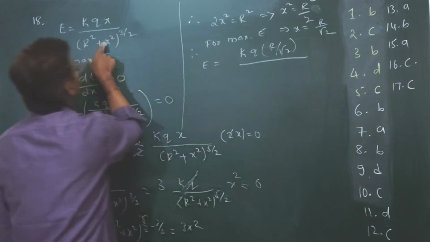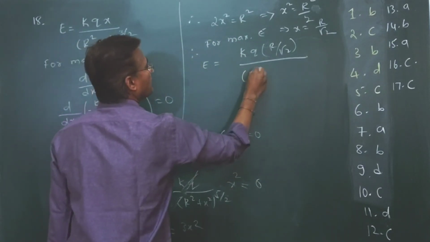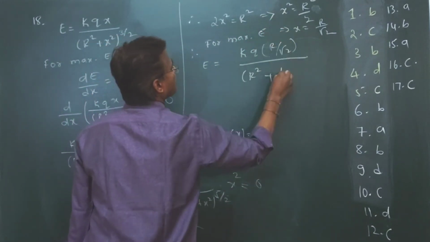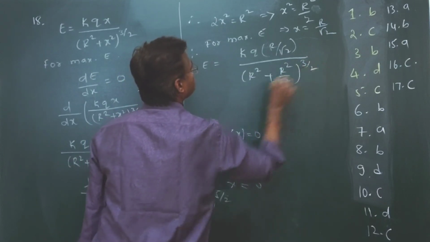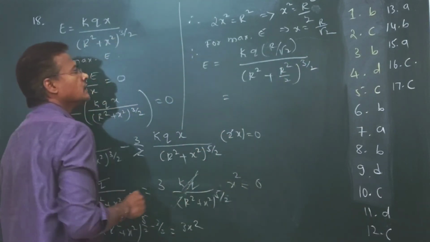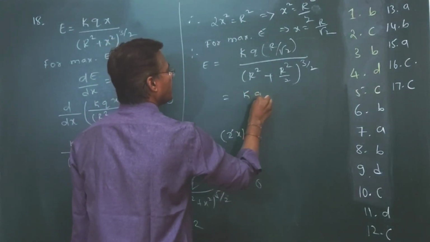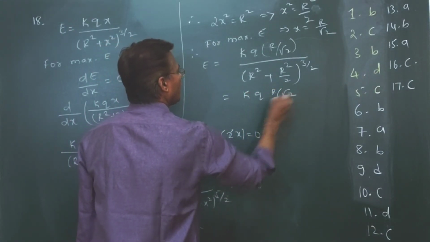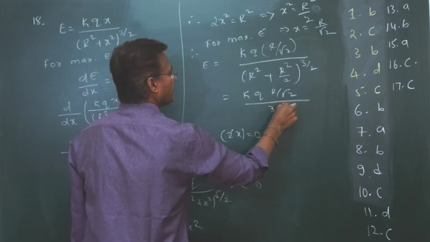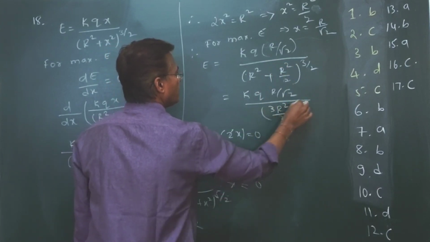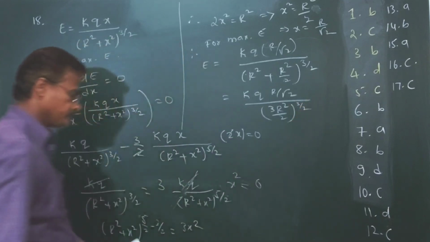So R square plus x square is 3R square divided by 2, all to the power of 3 by 2. Now to simplify, we have KQ R divided by root 2 over 3R square by 2 to the power of 3 by 2.